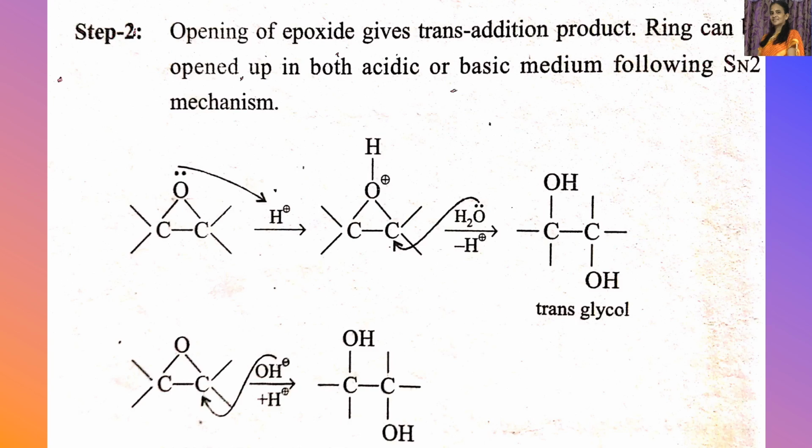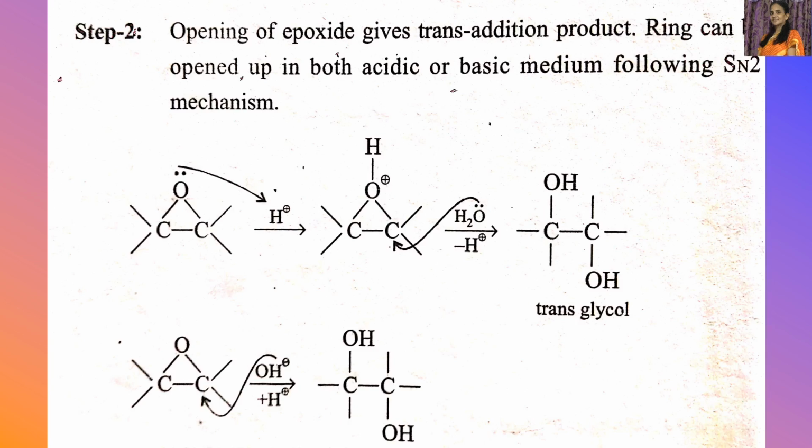Thus this is trans position, that is anti position. Two OH groups are present opposite to each other, and whenever two OH groups are present on adjacent carbon atoms, it is known as a glycol. So this is a trans glycol. If two OH groups are present on the same side, then it is known as syn glycol, or cis.